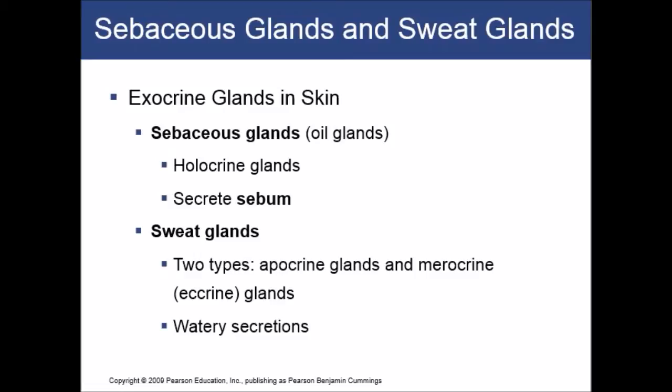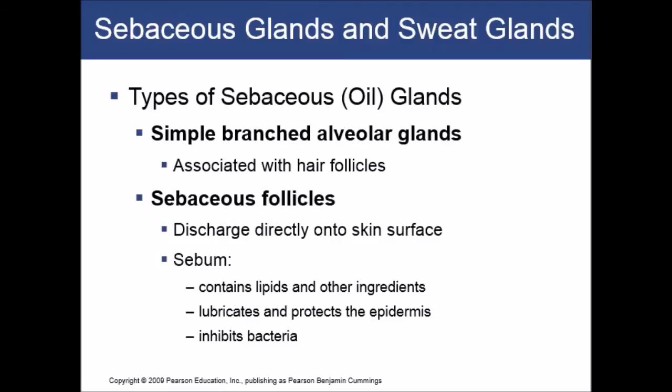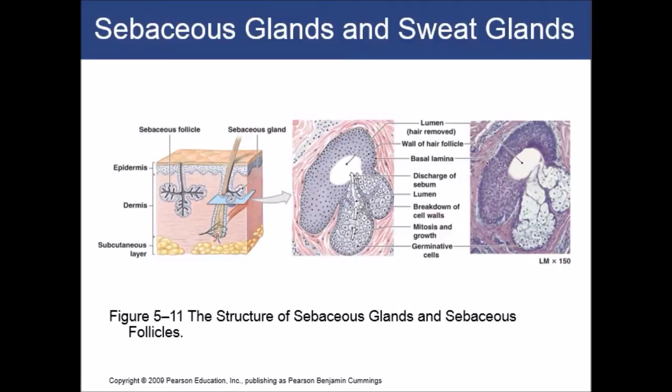Sebaceous glands. It's a holocrine gland. What does holocrine gland mean and what does it produce? Sweat glands, we have two types. What's the difference between those? This is all important. Anything about the gland is important. What type of gland? What does it secrete? The difference between apocrine and merocrine glands. What type of secretion? What's the importance of each one of those?